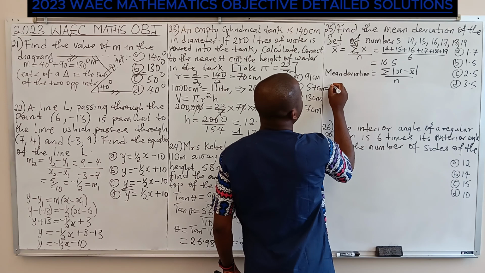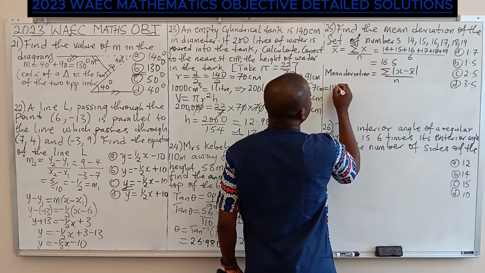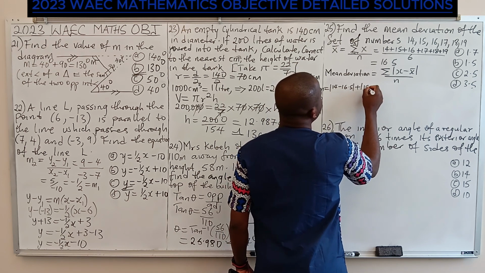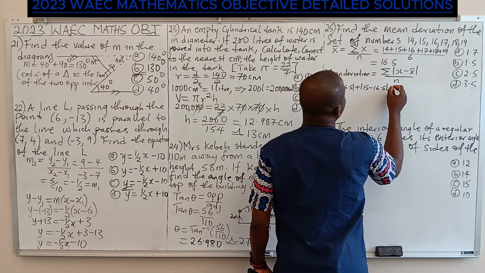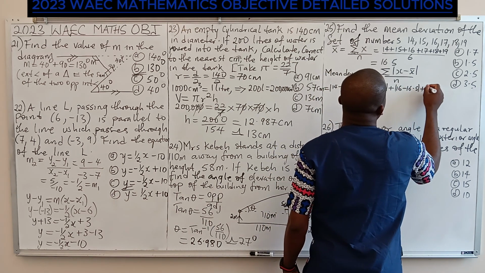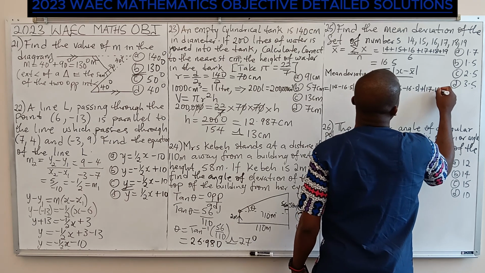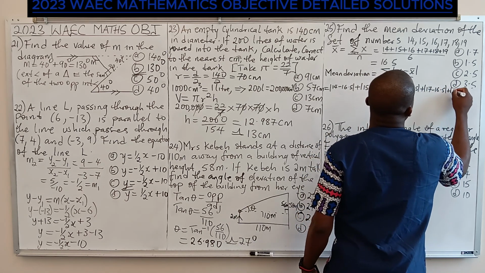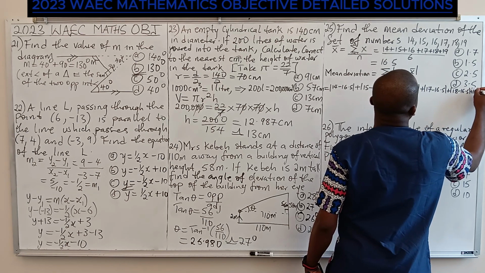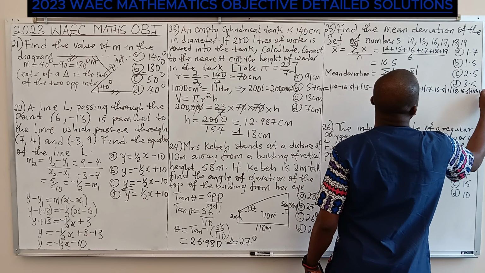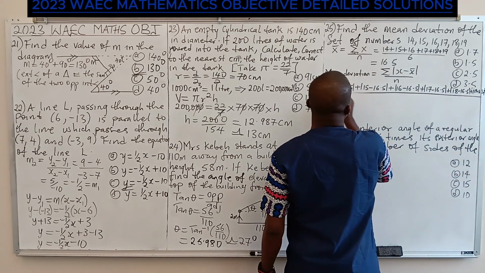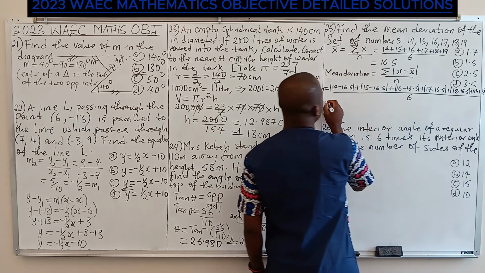So it will be the absolute value of 14 minus 16.5 plus 15 minus 16.5 plus 16 minus 16.5 plus 17 minus 16.5 plus 18 minus 16.5 plus 19 minus 16.5, all over 6, the number.